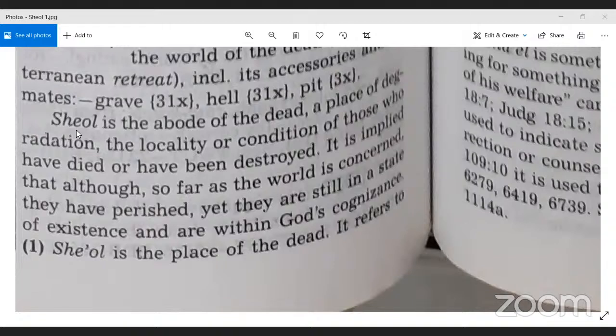It is implied that although, so far as the world is concerned, they have perished, yet they are still in a state of existence and are within the Most High's cognizance.